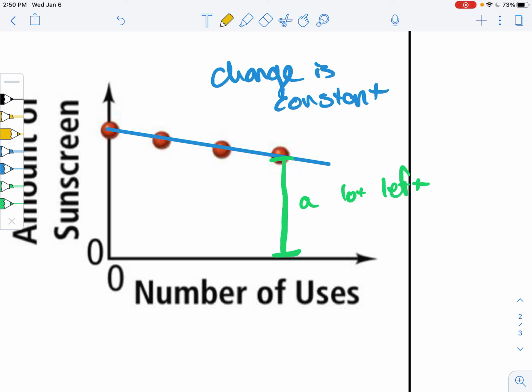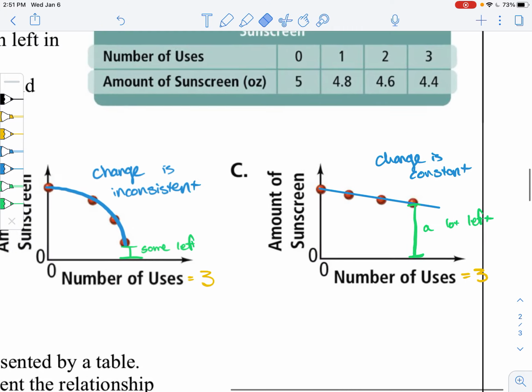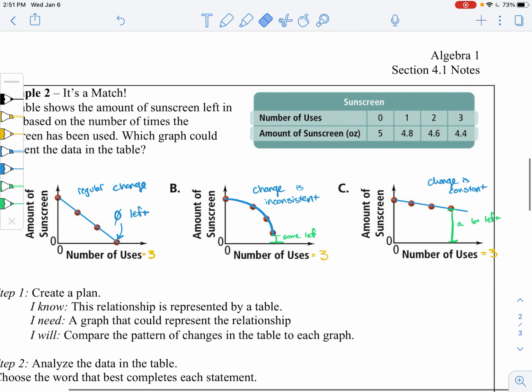And how many uses do we have? 1, 2, 3 uses. By the way, what do all these graphs have in common? They all have the amount decreasing, and they all start with the same amount.